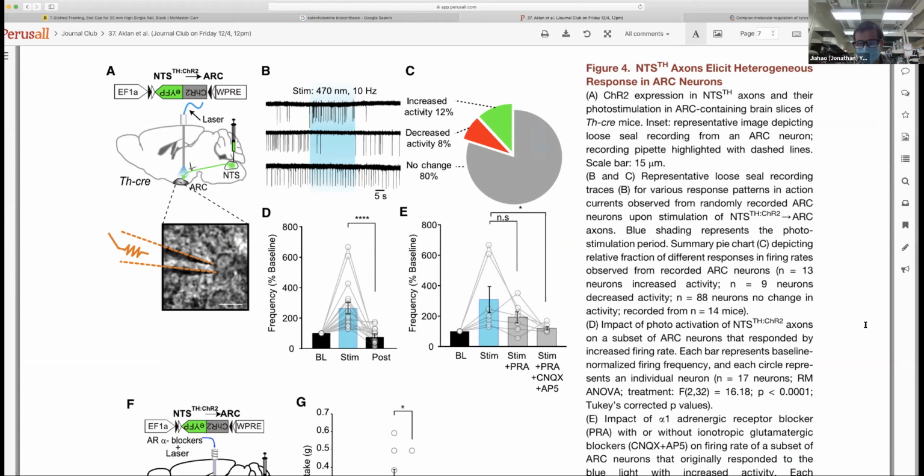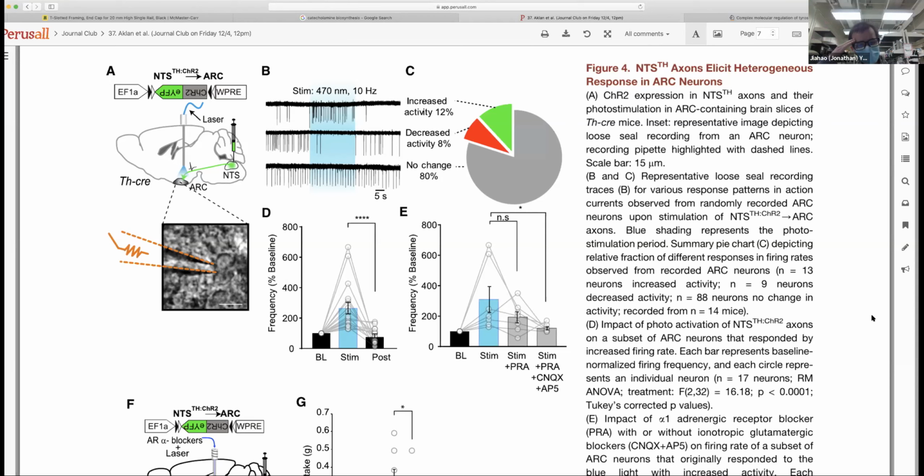Okay, let me quickly go through it, to save time. First of all, I don't know why they want to do this. This is another look at the previous slides talking about the CNO effects, local CNO infusion in the arcuate nucleus, and for the inhibitory drug, it reduced the food intake.